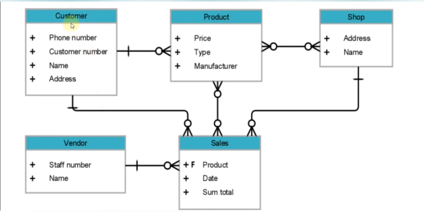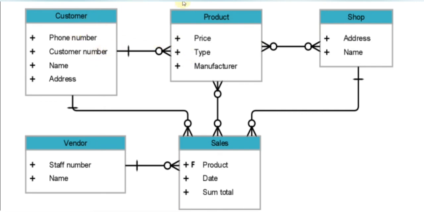So we have a customer. A customer can buy 0 products or many products, and a product can be assigned to one customer at a time. Similarly, a product can be assigned to 0 shops or many shops, and a shop can have 0 products or many products. So it is called many to many, and this is called one to many relationship.